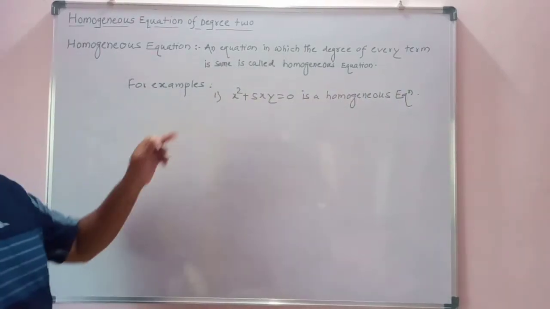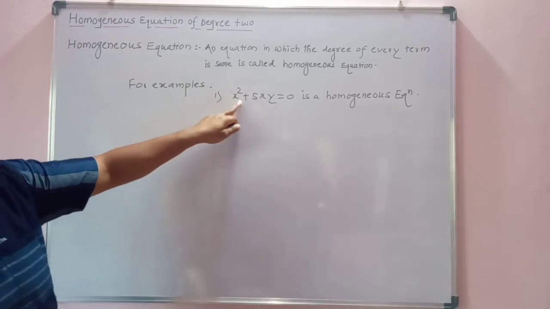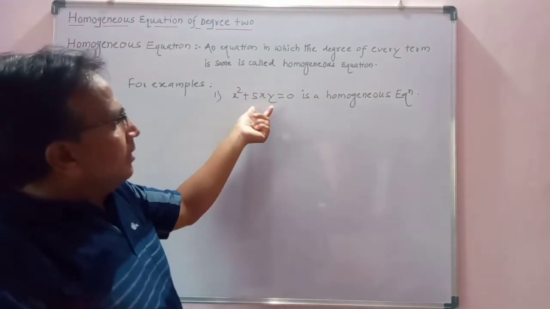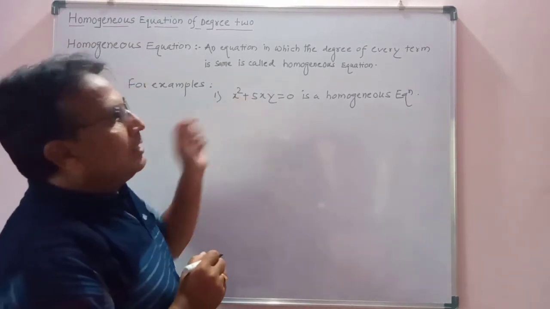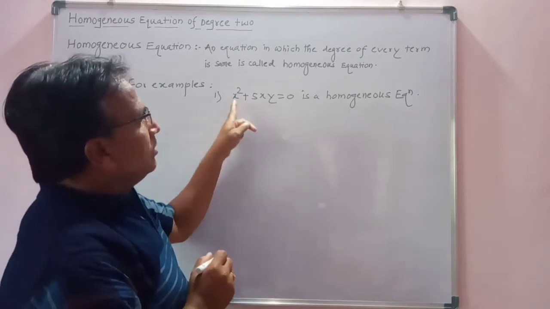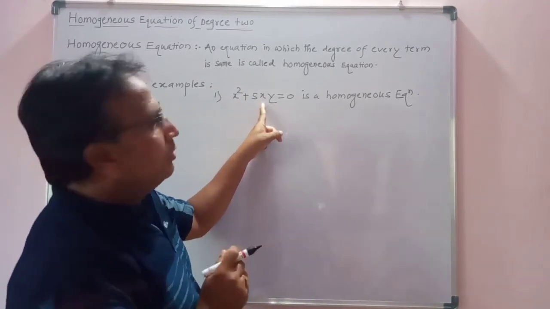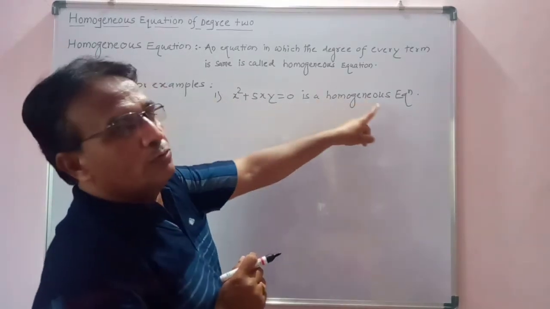Why is the degree the same? The degree of x square is 2. What is the degree of 5xy? Variable x is 1 and variable y is 1, and the sum is 2. This means the degree of x square is 2 and 5xy is also 2. Therefore, the degree is the same, so it is called a homogeneous equation.